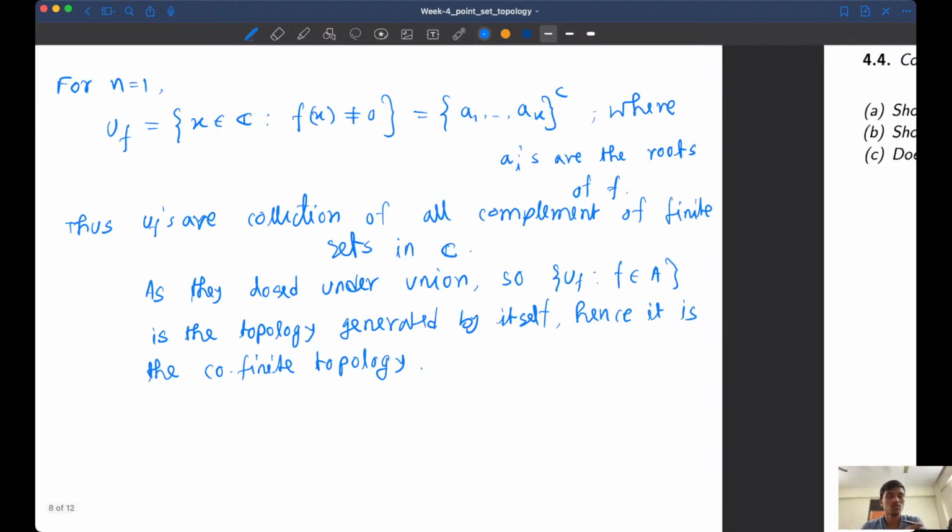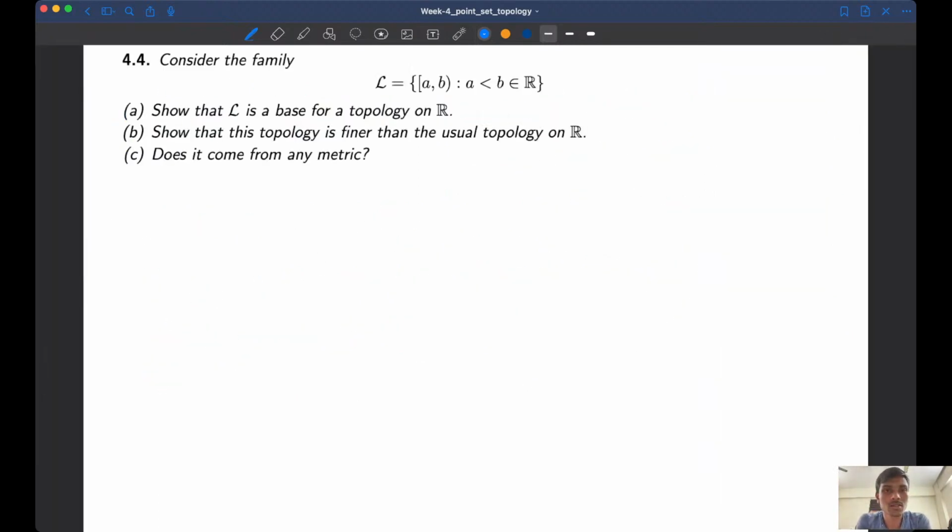Here you consider the collection of all left-closed, right-open intervals in R, and we want to prove that this actually forms a basis for a topology on R. Second part, that this topology is finer than the usual topology on R. And third is whether it comes from any metric, because the usual topology comes from a metric and this is finer than that topology. So does this also come from some metric or not?